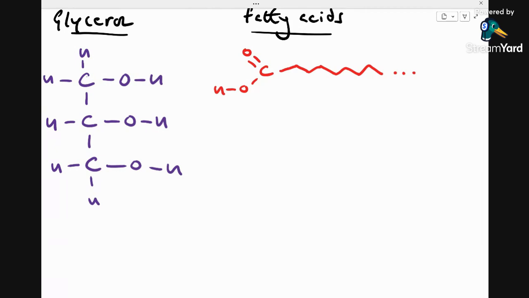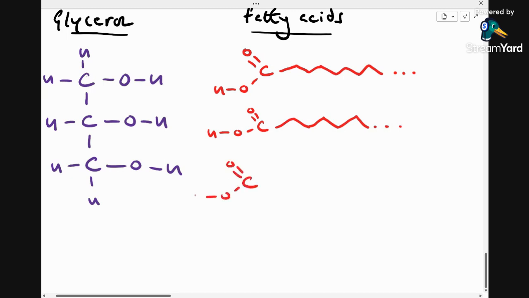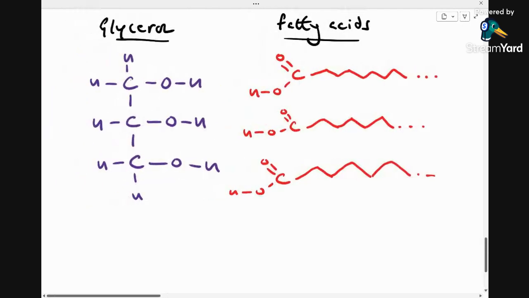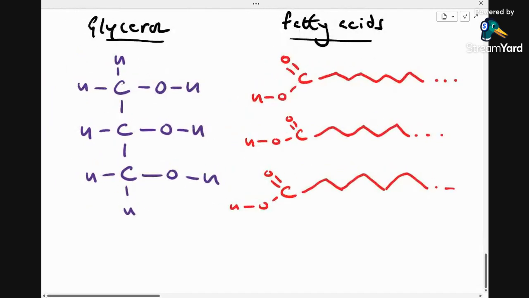Hopefully, you can appreciate, if I were to draw the same thing here and here, how these are going to join together to form our triacylglycerol.